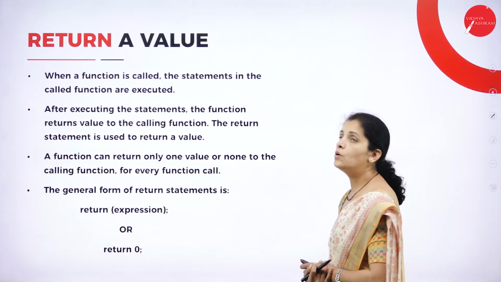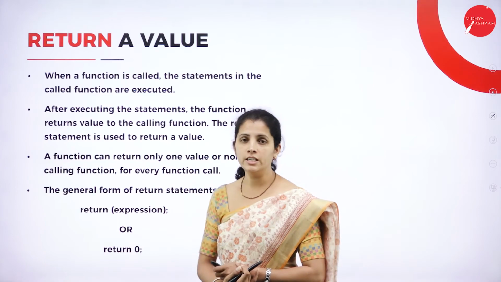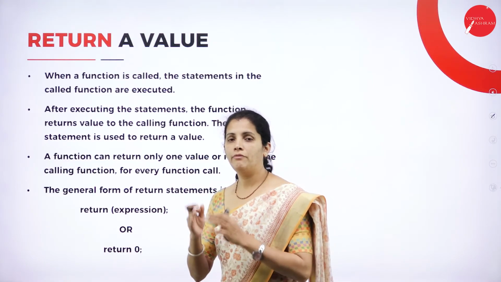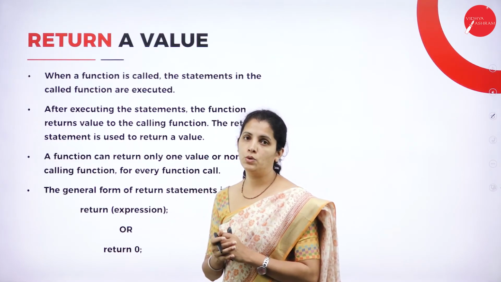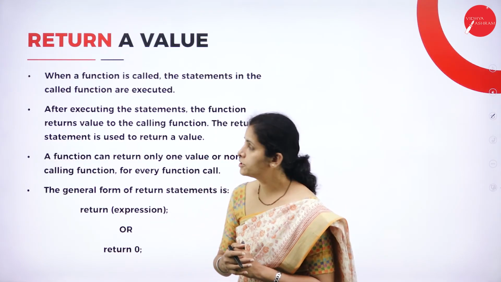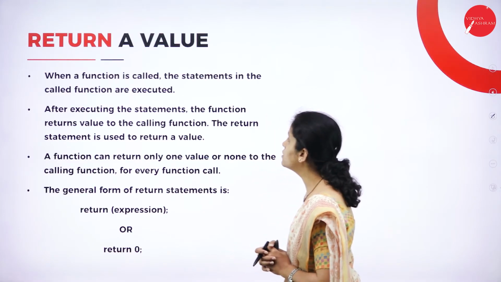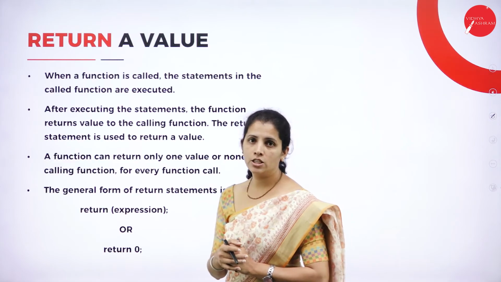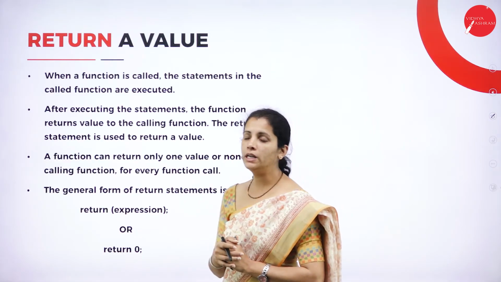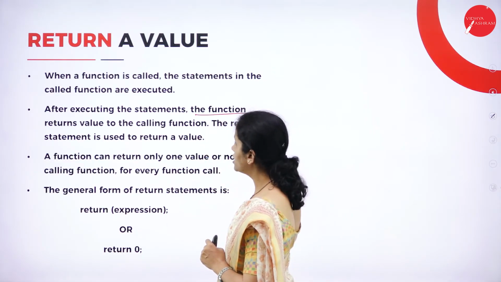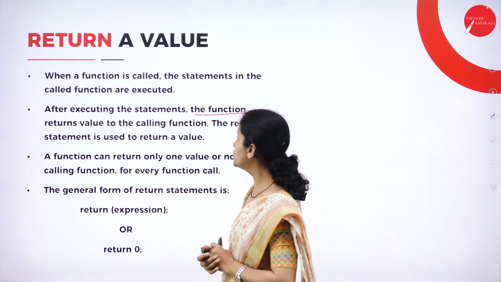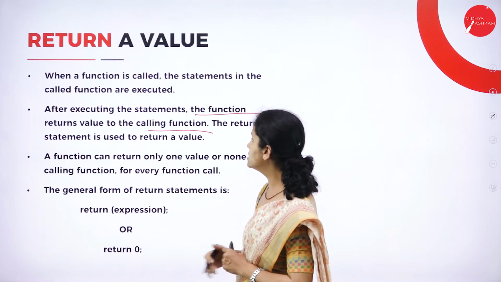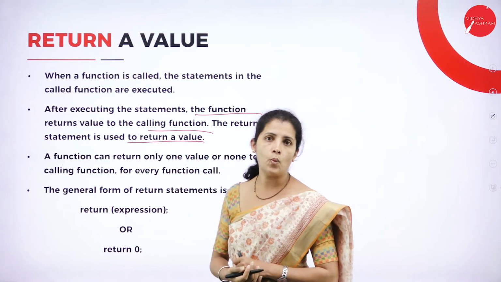Now, return a value. When the function is called, after executing that function, the function returns some value to the calling function. So when a function is called, the statements in the called function are executed. After executing the statements, the function returns the value to the calling function. The return statement is used to return a value.